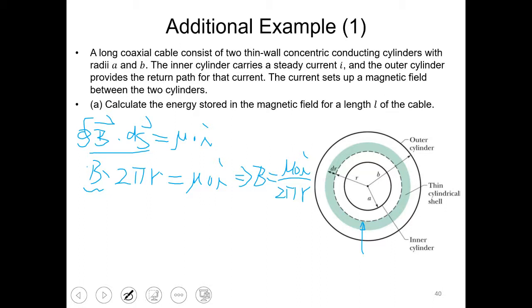And the energy stored in the magnetic field is something like this. This is small u of B equals B squared over 2 mu 0.